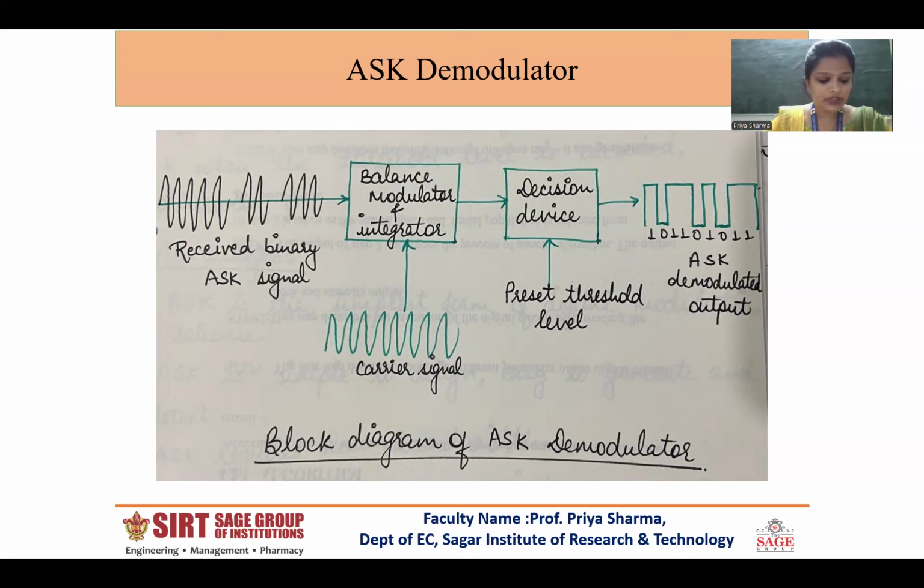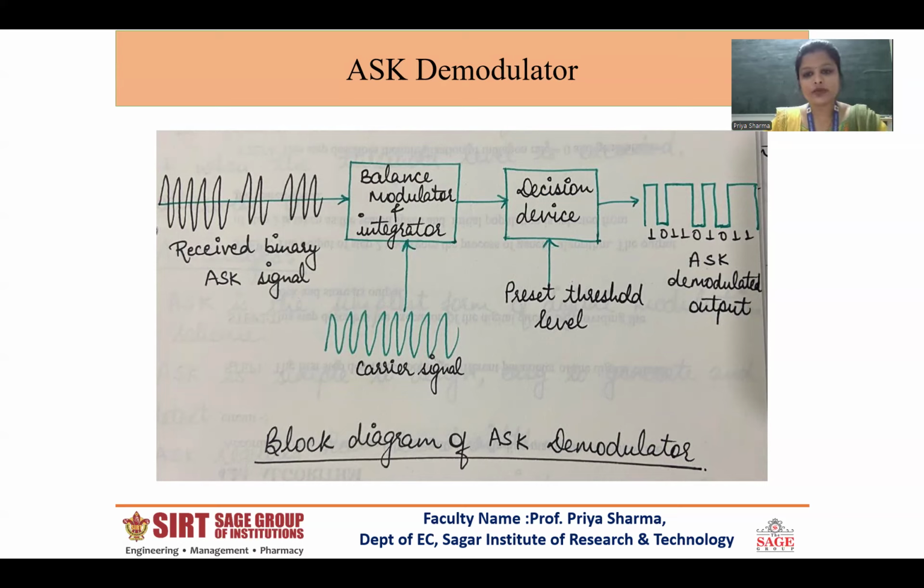The received binary ASK signal and a sinusoidal carrier signal generated by a local oscillator are applied to the balanced modulator. The integrator operates on the output of the balanced modulator for successive bit intervals and essentially performs a low-pass filtering action.